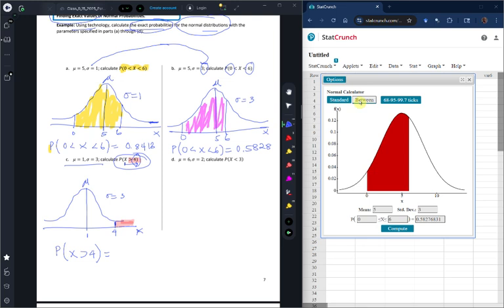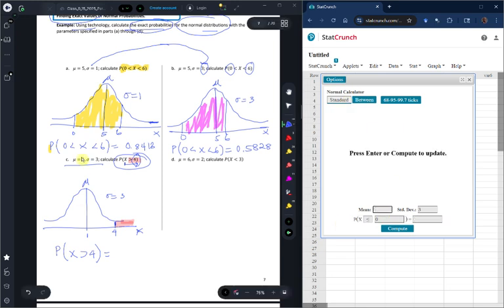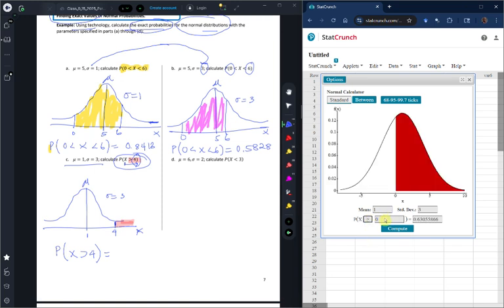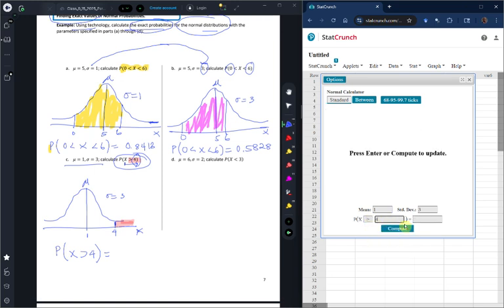I no longer need Between because I don't have two endpoints. This time I only have one endpoint, so I only need the standard case. So what is the mean in this case? That will be equal to 1, and the standard deviation is 3. That's already here, but I want the area above, in this direction, so I'm going to change this to greater than or equal to 4.